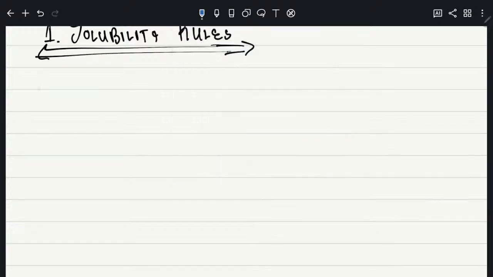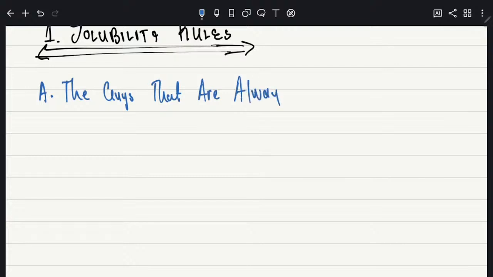And I want you to start with A, the salts that are always soluble. We want to know the salts that are always soluble. These ones are called neg-seg.